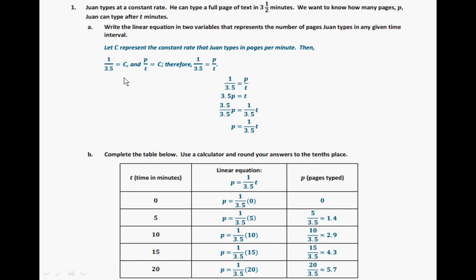Making a connection between constant rate and the average rate, and then solving for the equation. And then using that equation to get approximations, since these are going to be longer than 1 decimal. And it says to use your calculator, round your answers to the nearest tenths place.